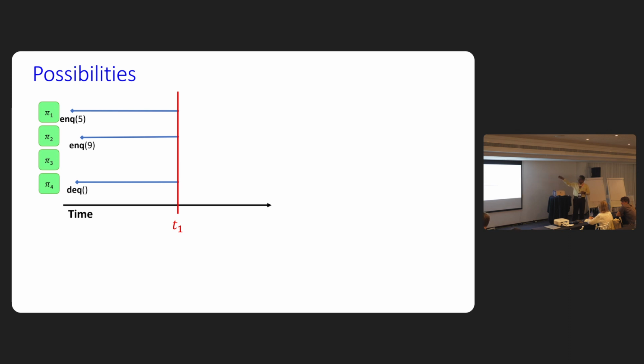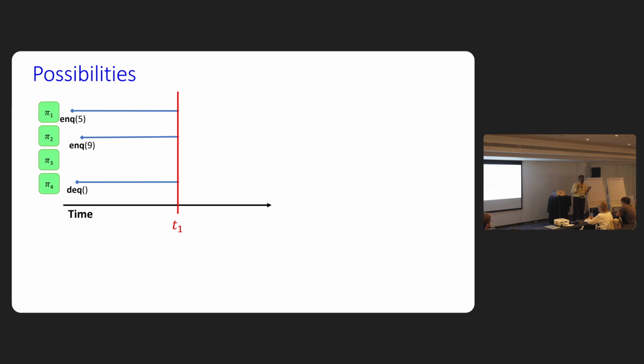If you look at time t1, all these 3 operations are still ongoing. None of the operations has finished. Pi 3, as I said, is idle. Let us ask what the possibilities are at time t1.